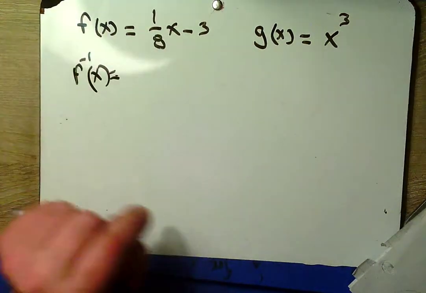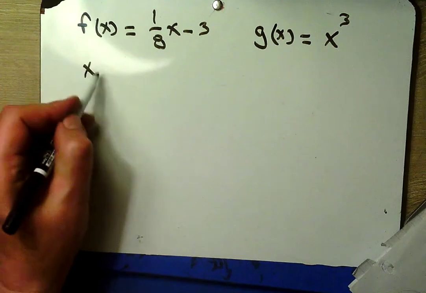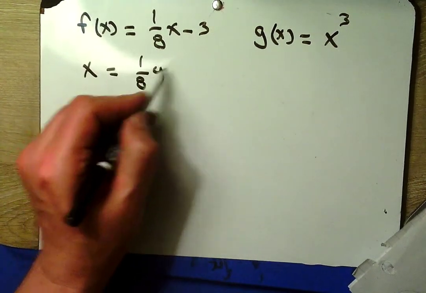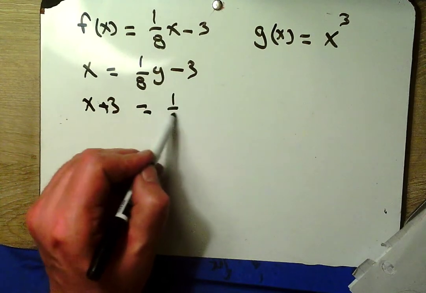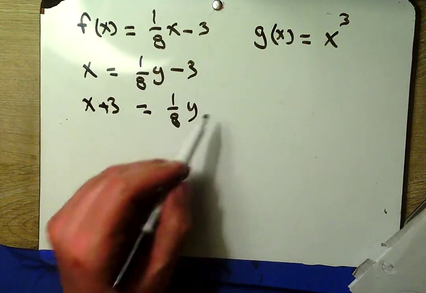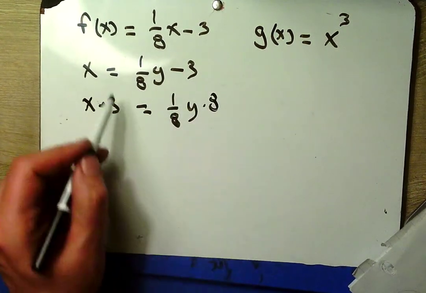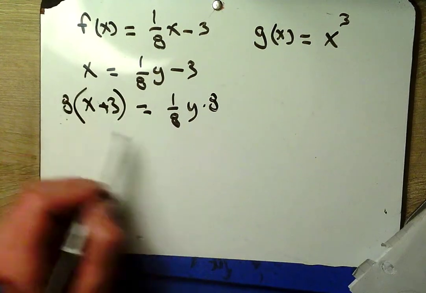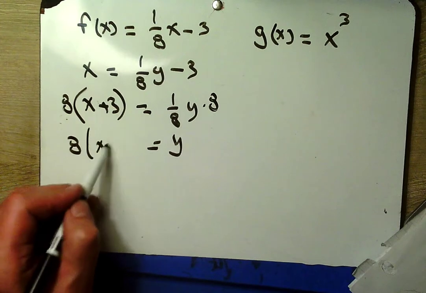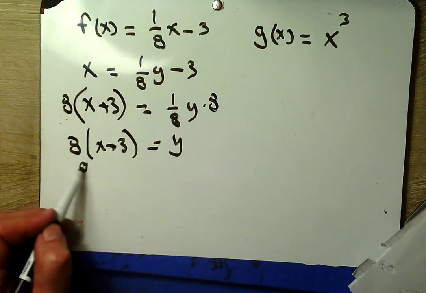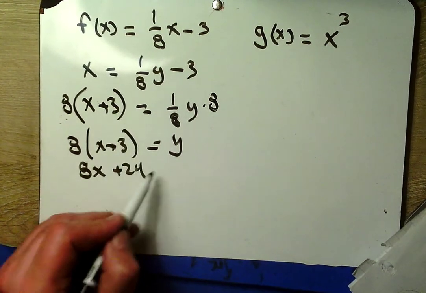Well, I switch the x's and y's. I get x equals 1/8 y minus 3. X plus 3 equals 1/8 y. And if I multiply both sides by 8, remember, it's the whole side, I get y equals 8x plus 24.